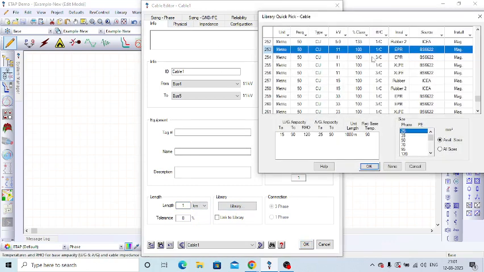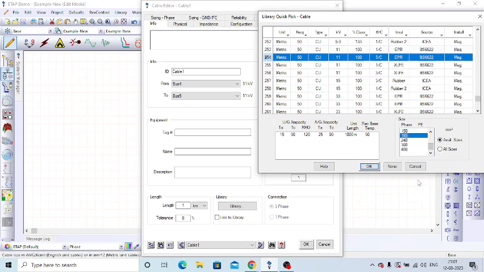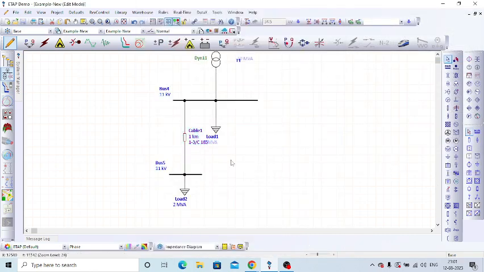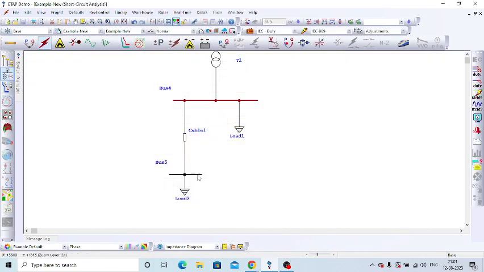I'm going to select the cable from the cable library. I just selected that. Now I am making this bus also a fault, and running IEC 60909. Can you see that in bus 4 the fault magnitude is 6.135 kiloampere, but in bus 5 it is 5.524 kiloampere. The fault current magnitude is reduced because of the impedance offered by the cable.